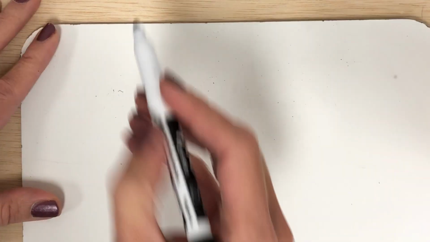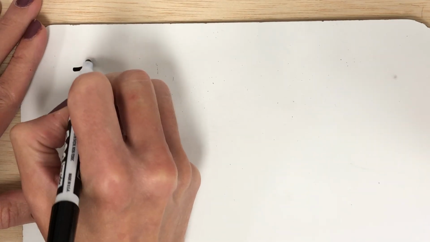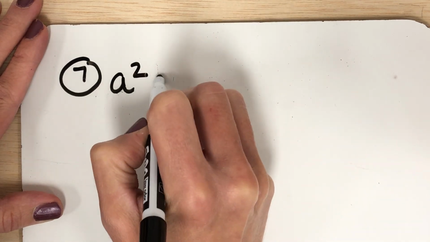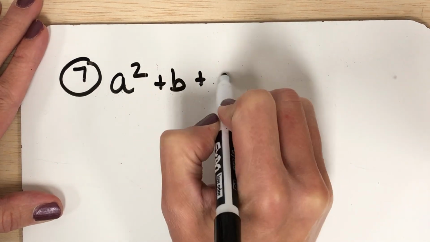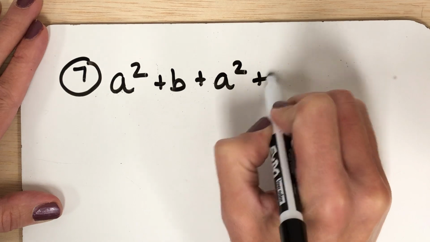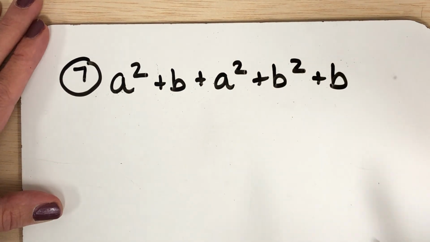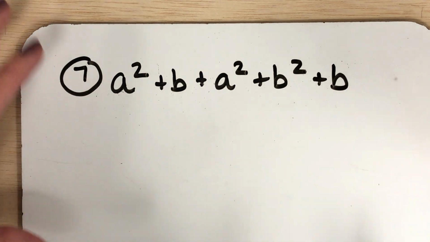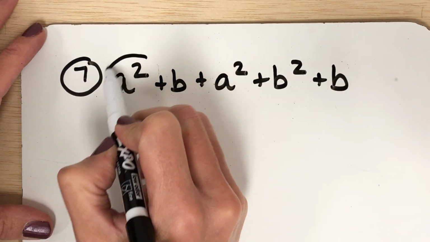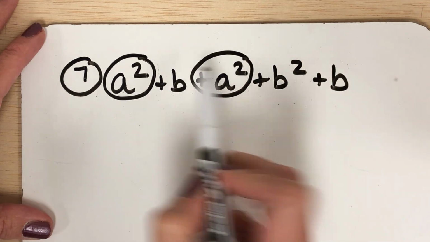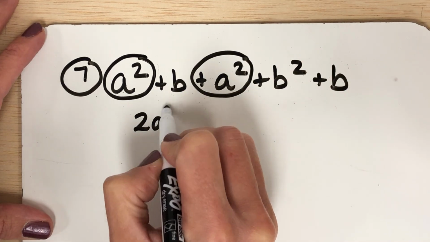All right, so number 7 on Pizzazz page 67 is a squared plus b plus a squared plus b squared plus b. This is just a simple reminder that we need to combine like terms. So all of my a squareds are like terms. This is a positive a squared. So a squared and a squared is 2a squared.